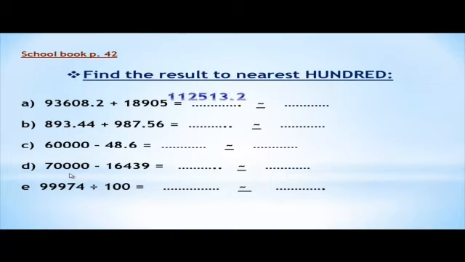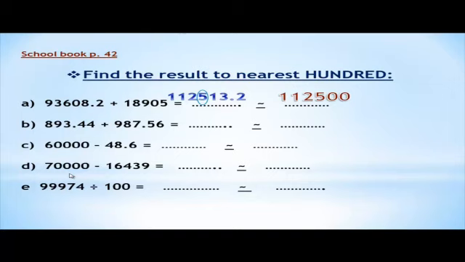I will find the result will be 112,513.2. Determine the place value of the 100 here. I found 5. The number before the 5 is a 1, a weak number. So I will cancel it and put zeros. So the result will be 112,500.